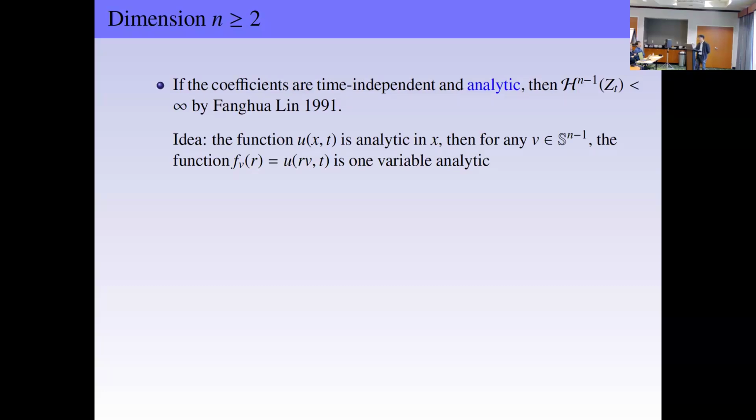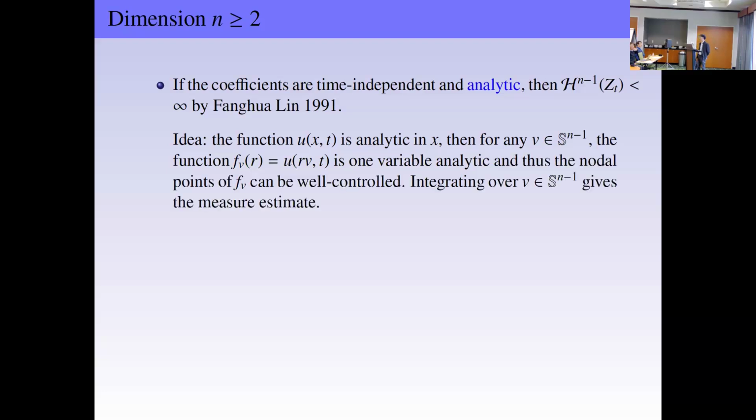So for any fixed unit vector, we can define a one variable function in this direction, and this one variable function is also analytic. For a one variable analytic function, we can control the Nodal points. After integrating over all the unit vectors, we get the estimate of the Nodal set. So this is the rough idea.